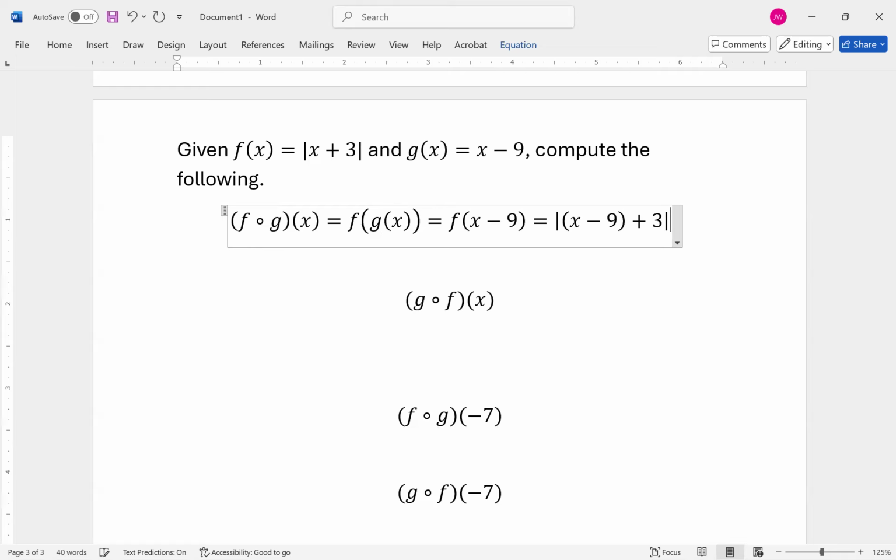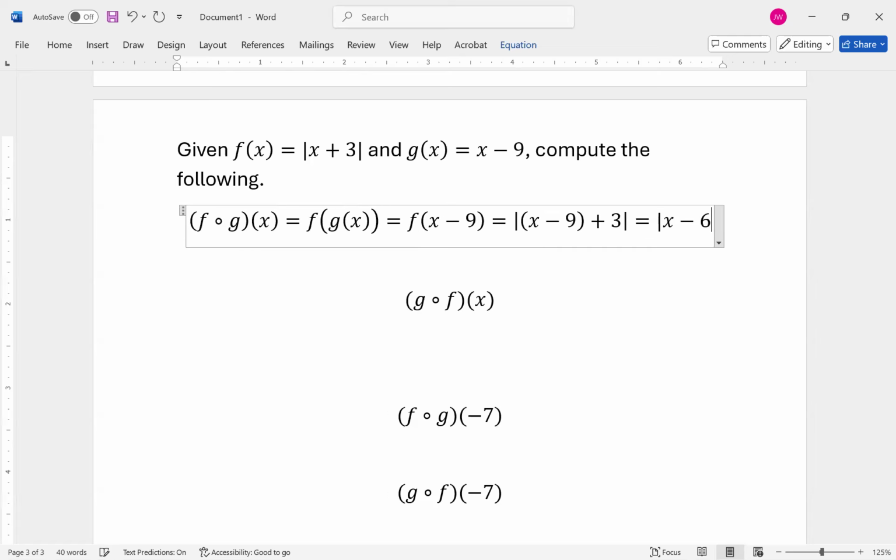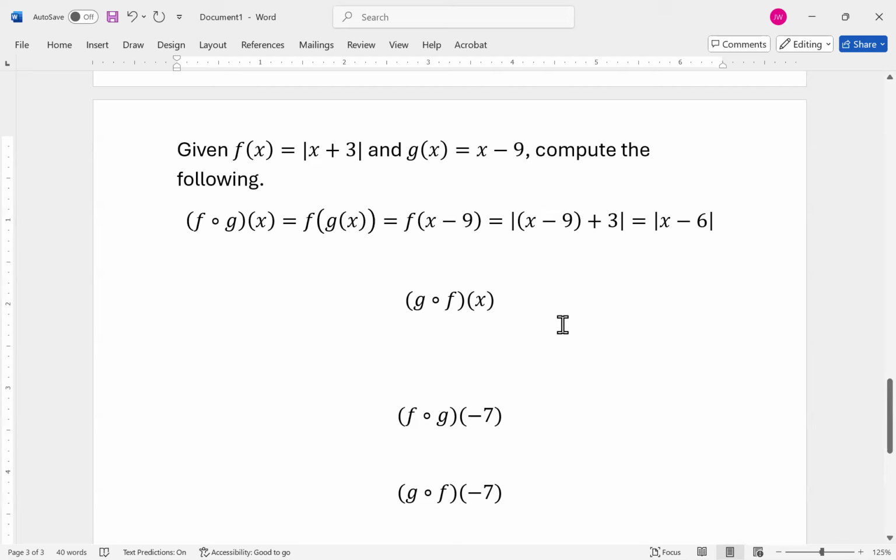And that gives me the absolute value of quantity x minus 9 plus 3, which I can rewrite as the absolute value of x minus 6. So the composition of f of g of x gives me absolute value of the quantity x minus 6.